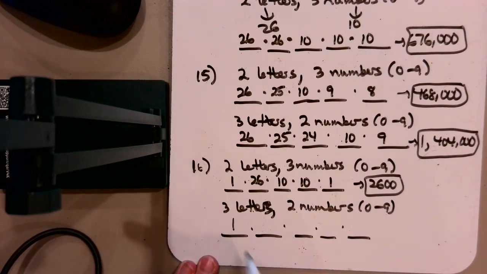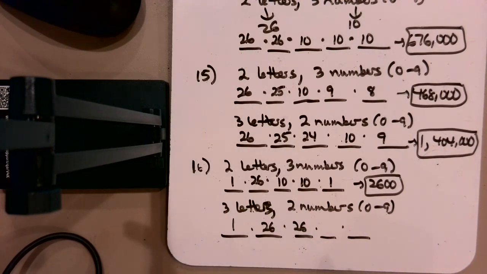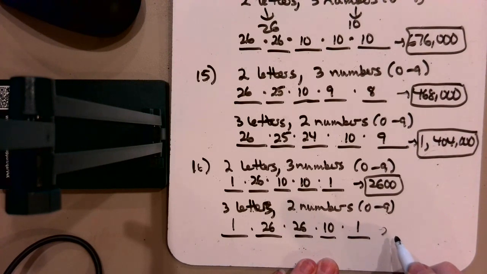So the first letter has to be an A, only one possibility. Then 26 letters, 26 letters. Repeats are allowed. So they could be A's. Then we have 2 numbers. This can be any of 10 numbers, but this must be a 7. So only one possibility there because it can only be a 7. So 26 times 26 times 10 is going to give you 6,760 possible passwords.